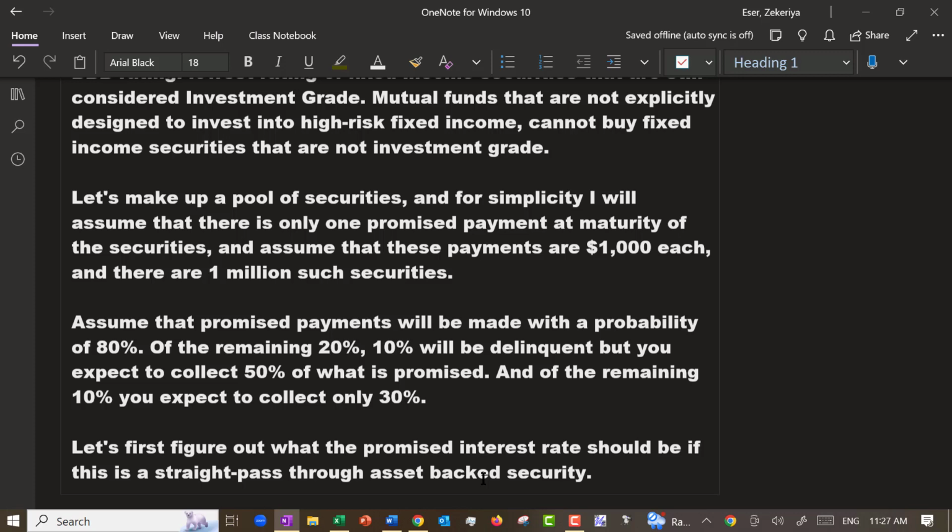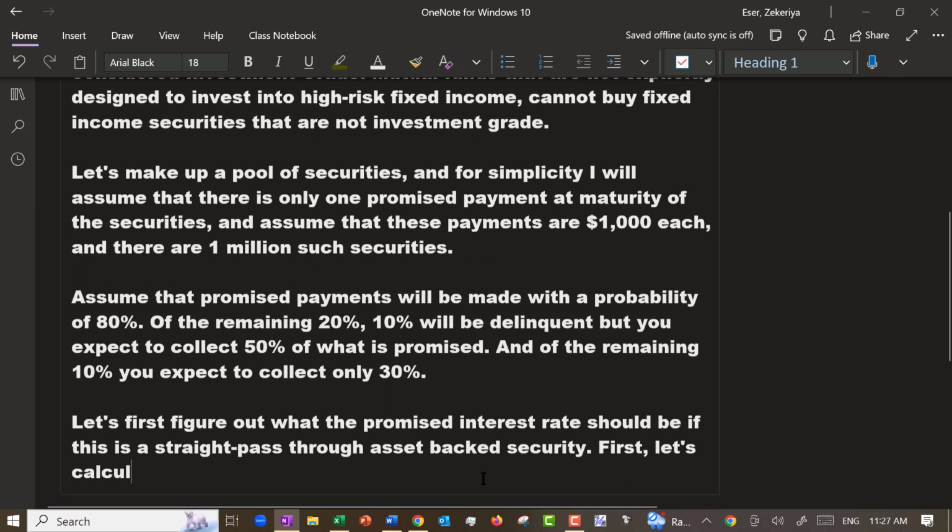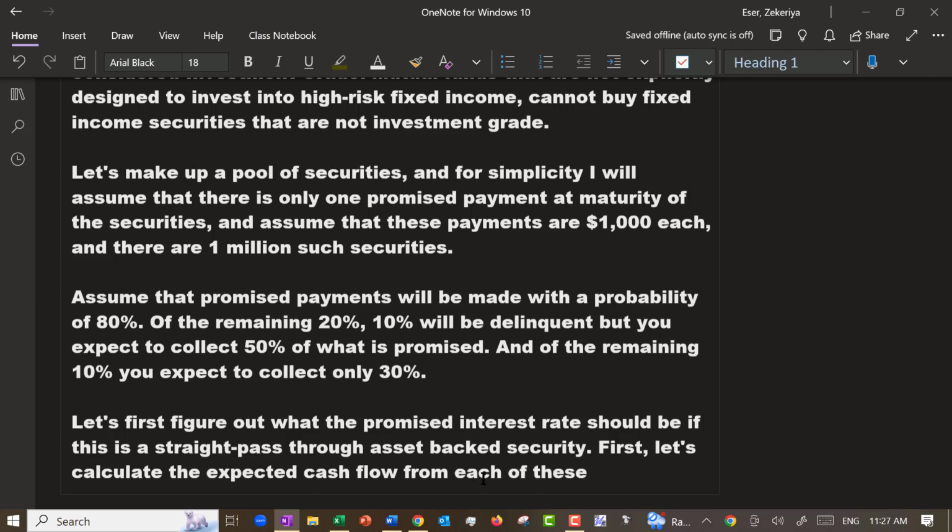First, let's calculate the expected cash flow from each of these securities. That's simple.